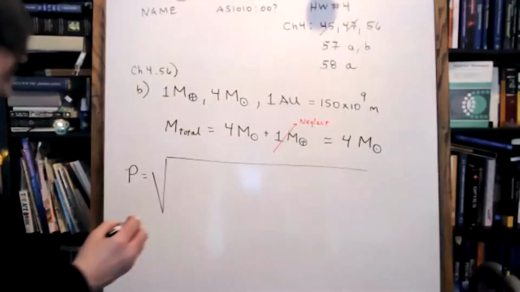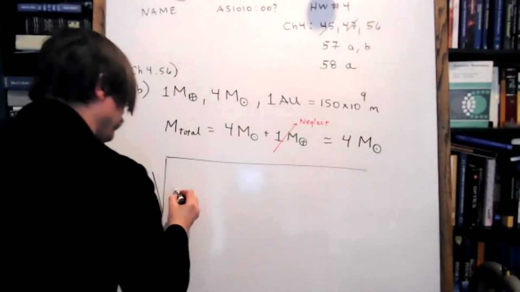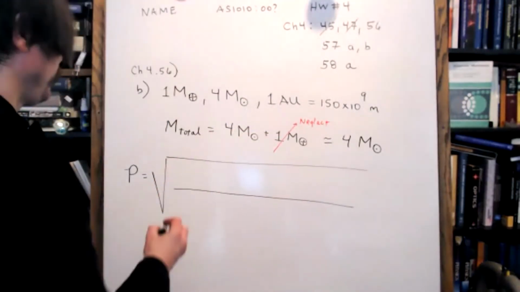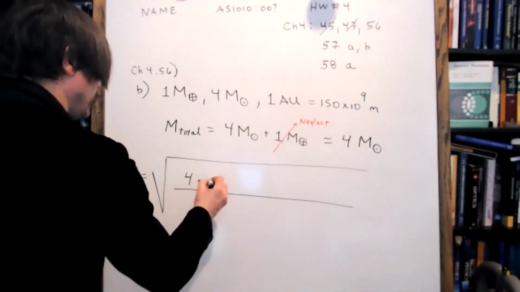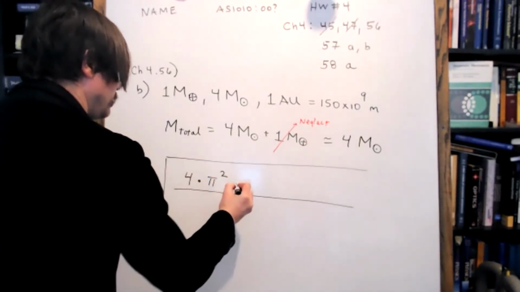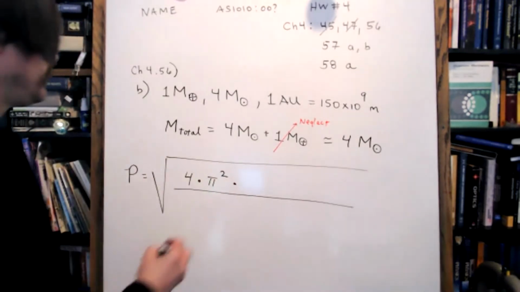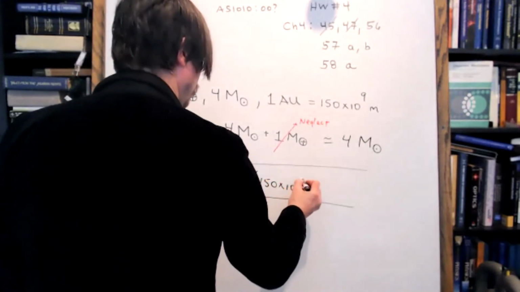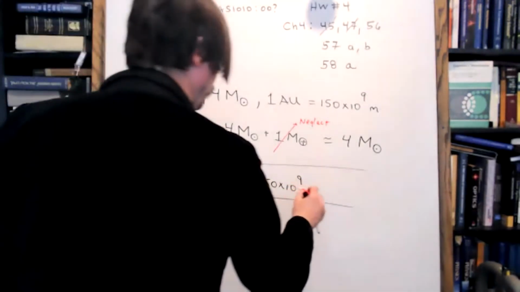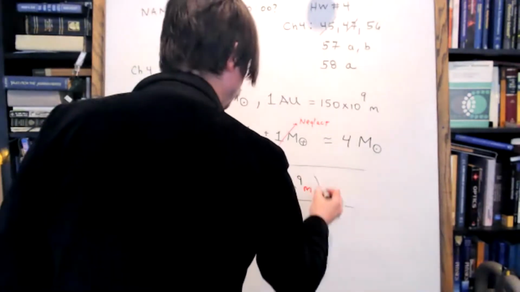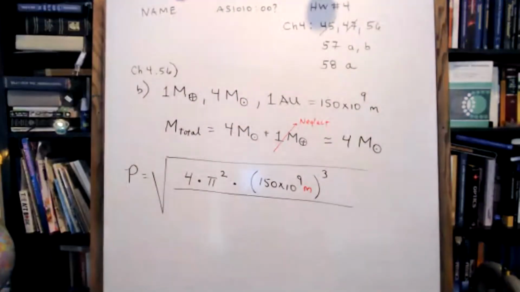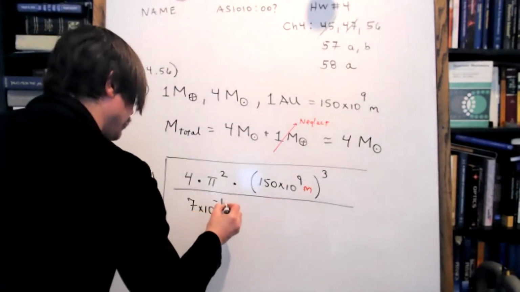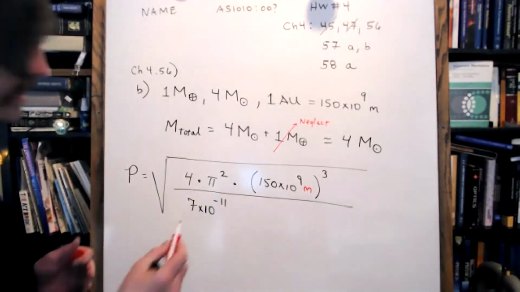The period is going to be the square root of, make a nice big neat square root that covers everything, 4 times pi squared times open parentheses 150 billion meters cubed divided by big G, 7 times 10 to the minus 11.